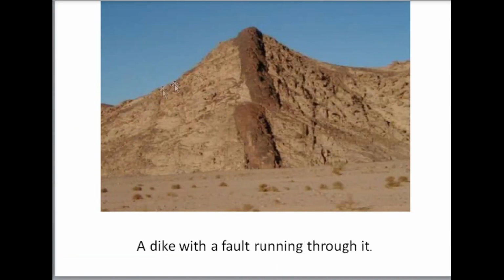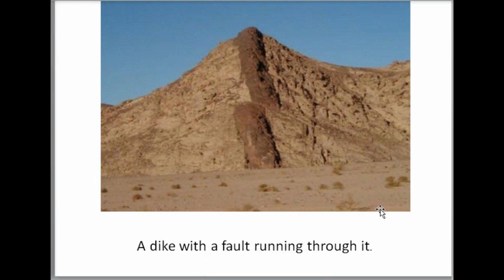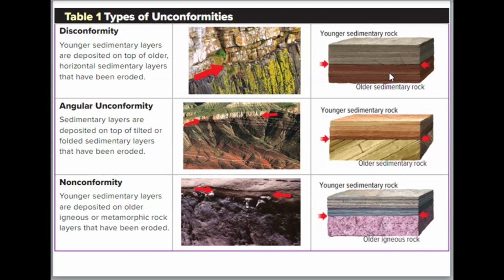I think this is captured in Egypt, I'm not entirely sure, it's one of these Middle Eastern countries. We've got a dike here, so this was magma, and it cooled down. And you've got a fault that runs across through it. Okay, next up we've got unconformities.